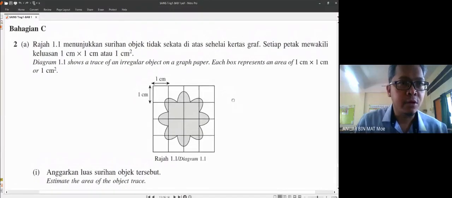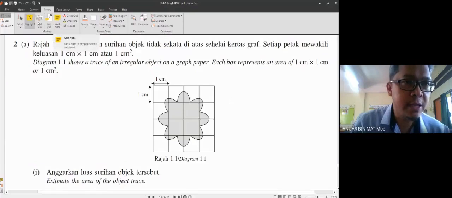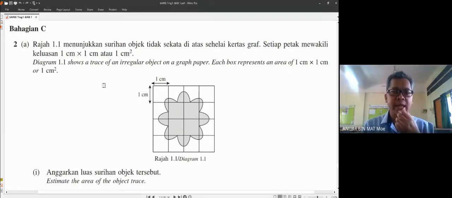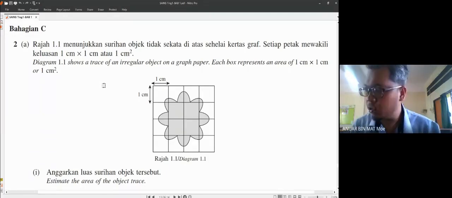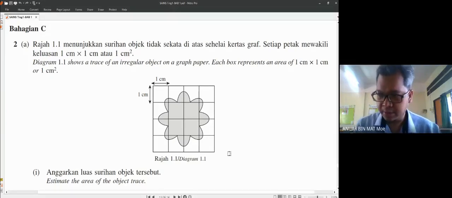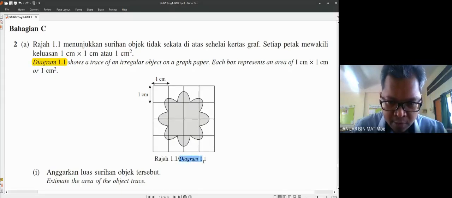Question 2A in section C. Like I said many times, you must read all the questions first before you jump to the answer. So again, I read you the question. Diagram 1.1, where is diagram 1.1? Here is diagram 1.1.